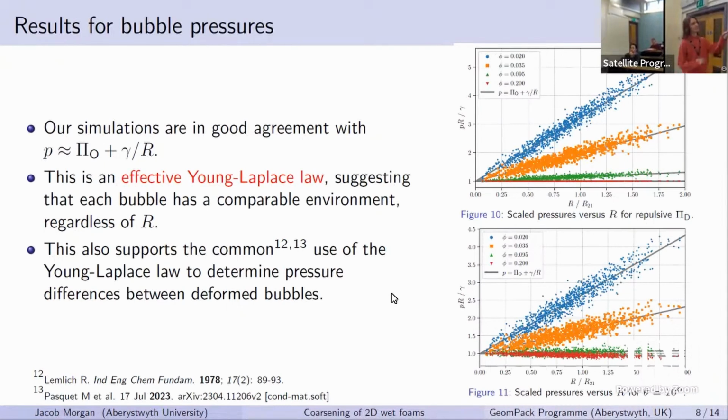And I think that this kind of model and the simulation evidence in support of it does support that use, in the sense that if you take the differences in bubble pressure, the osmotic pressure cancels out, and so you have a difference of terms of this sort, which is what you'd get if you were looking at pressure differences within a foam where the bubbles weren't distorted at all.